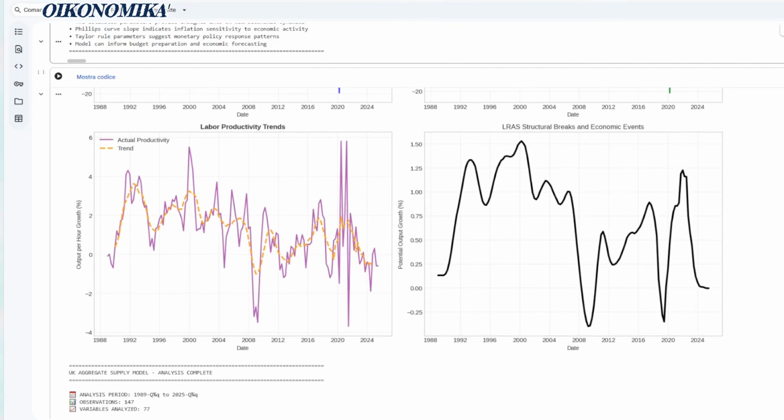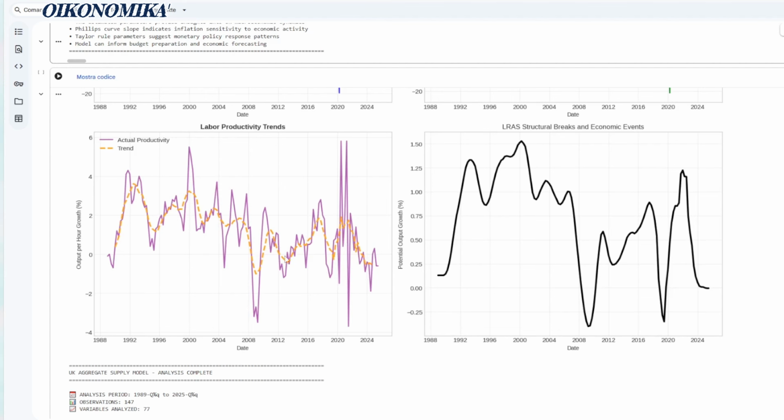Here we go to my most favorite thing, which is actual productivity and trend productivity, which has been measured with the ONS statistics of the output per hour growth in percentage terms. So you see here that, although there is a lot of variability, there is a lot of seasonality also in measuring the data.